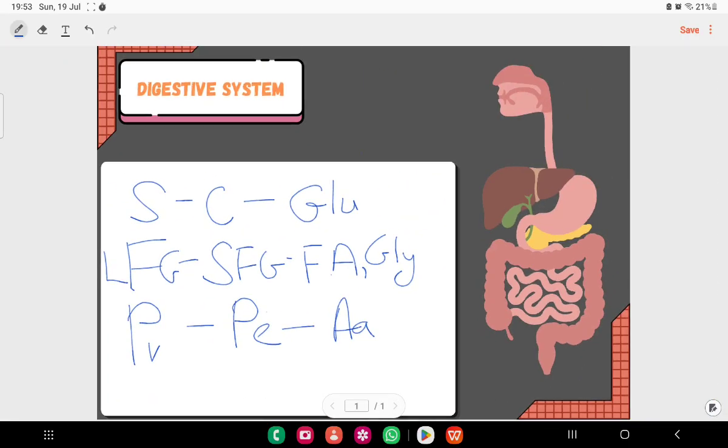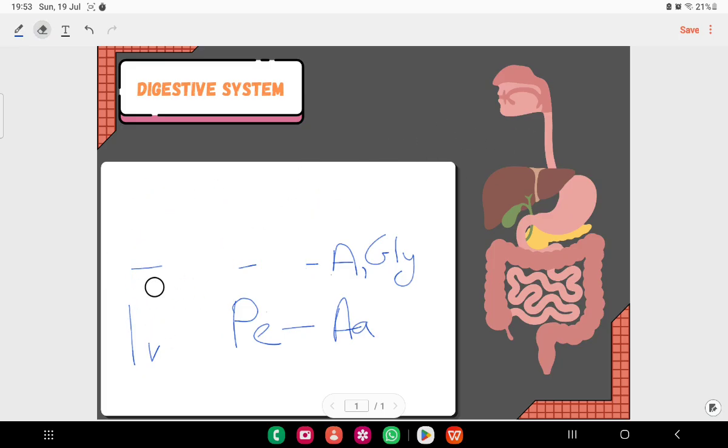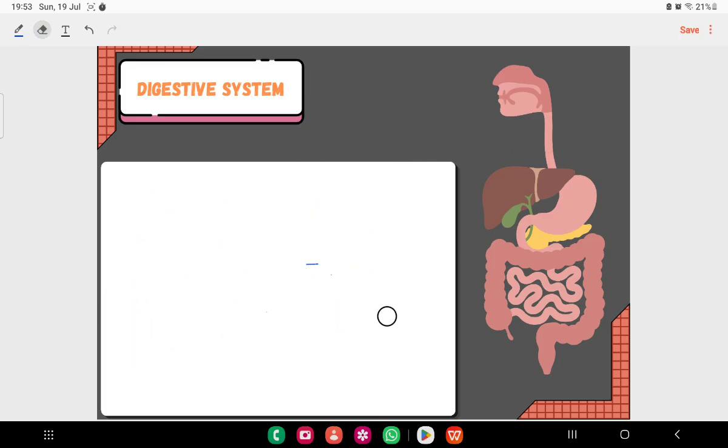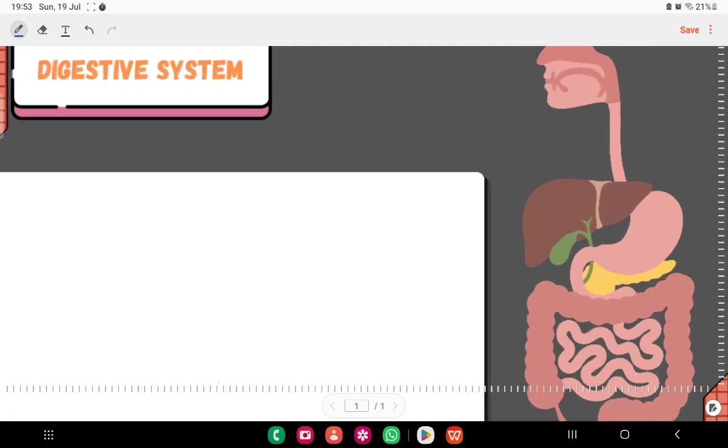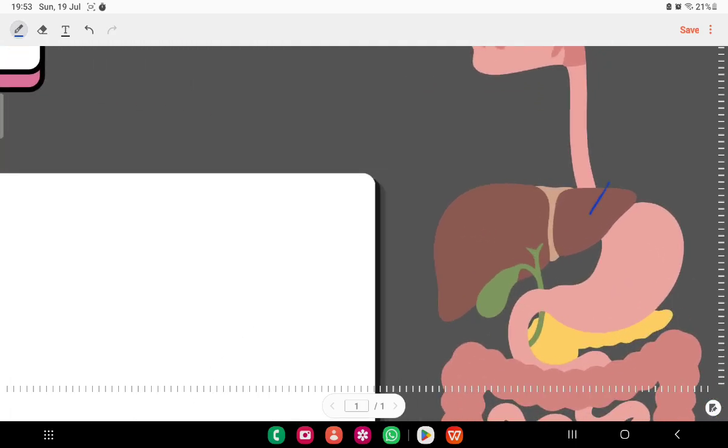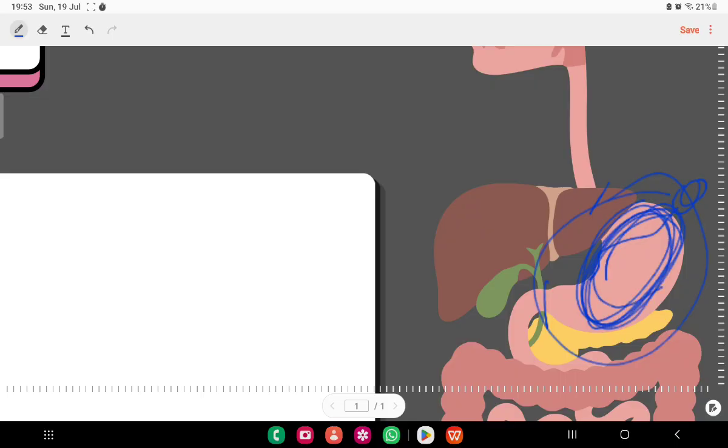Clear right here? Let's make a quick summary out of it. So we got two sphincters right here. They perform opening and closing for food. Then we got the stomach. The stomach has some gastric glands. These gastric glands secrete HCl, mucus, and pepsinogen. HCl makes an acidic medium for pepsinogen to become pepsin.